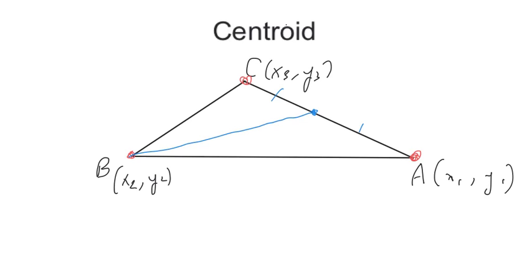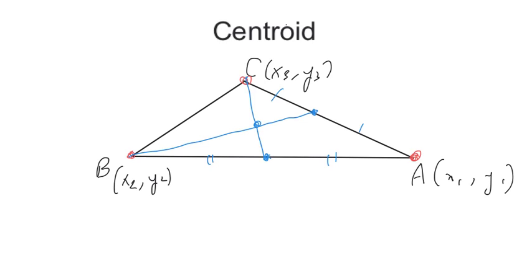Okay, so that's a median through vertex B. And likewise, I can draw a median from C to the midpoint of AB, kind of there. So this length is the same as this length, and I draw my line, and lo and behold, that's the centroid. That's the center of mass. Okay? So this is just a sketch, it's not perfect. I don't know that that's exactly where the centroid is, but you get the idea.